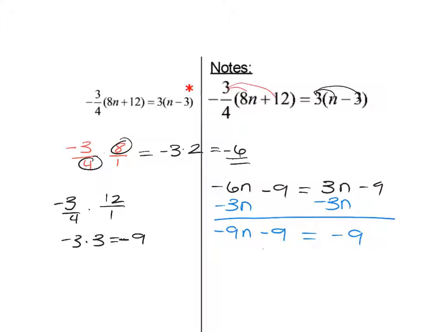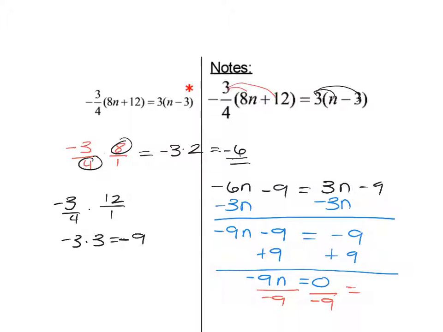Plus 9, plus 9. -9n equals 0. So I have to divide by -9 and divide by -9. 0 divided by a number is what? 0. So that's how you get 0 in the end. Excellent. Questions?